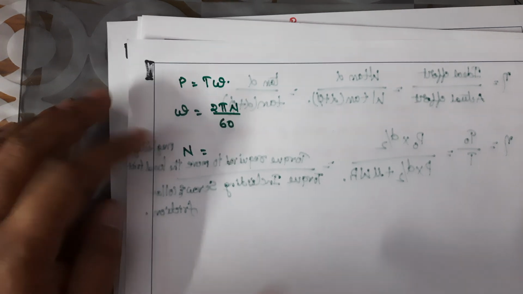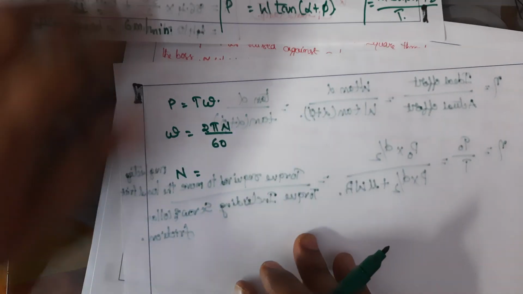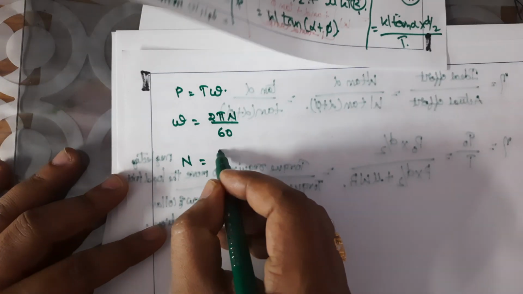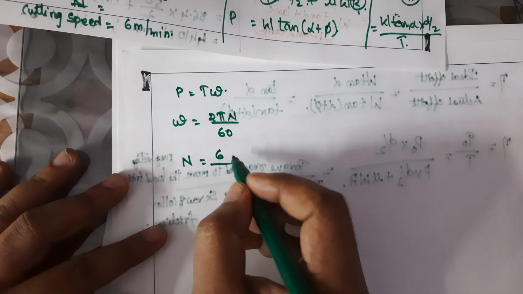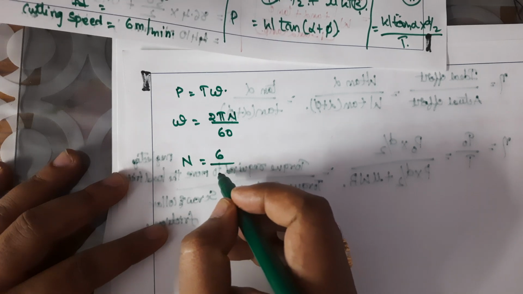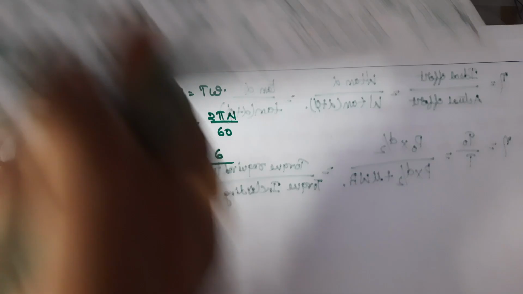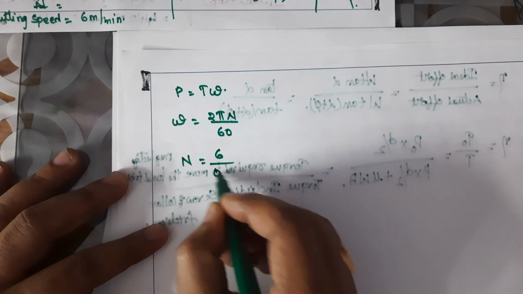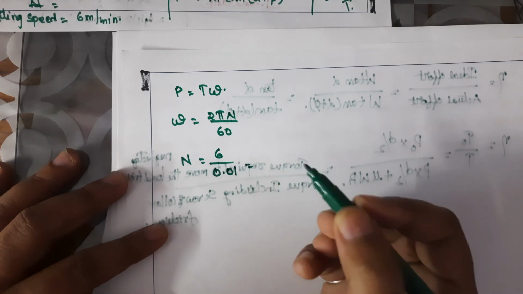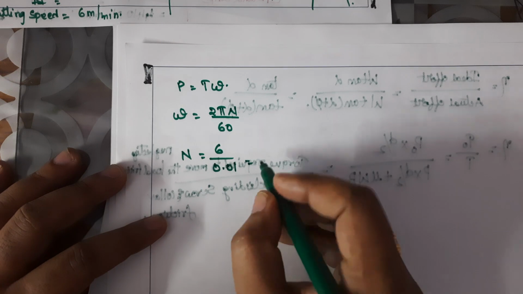The cutting speed mentioned in the question is 6 meters per minute. The pitch value is given as 10 mm, so I am taking it as 0.01 meters. So I will be getting an answer of 600 rpm.